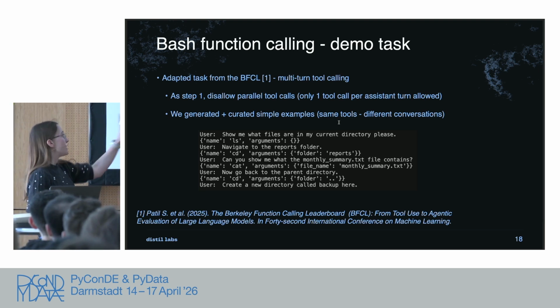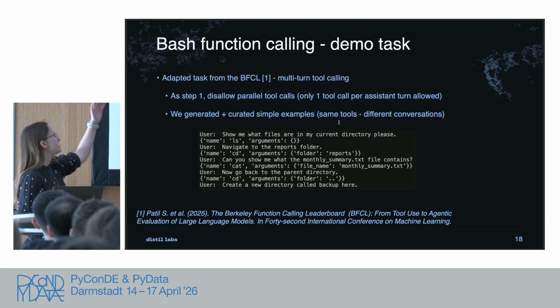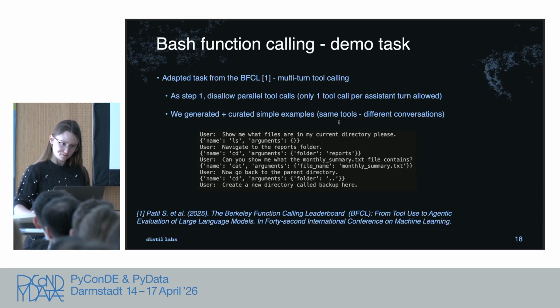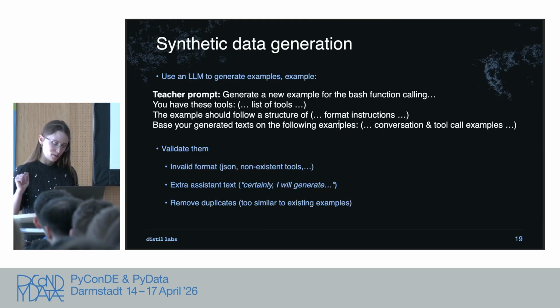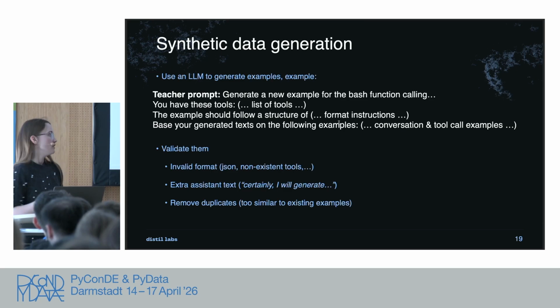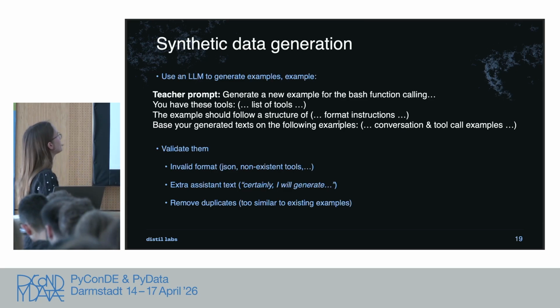And so I kept the same tools, and then we generated a simpler conversation where we respond only with one tool call. And if we want to generate data from that, we will instruct the LLM: generate an example on function calling.